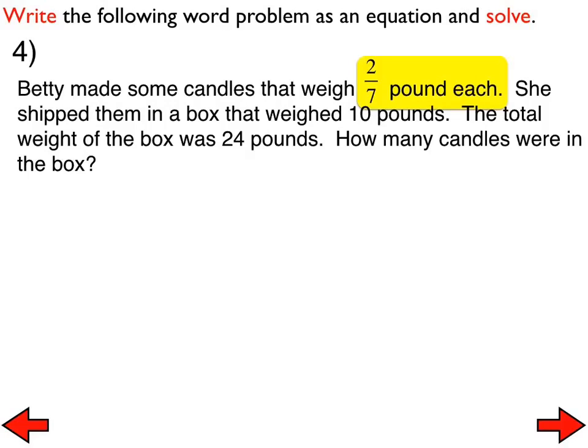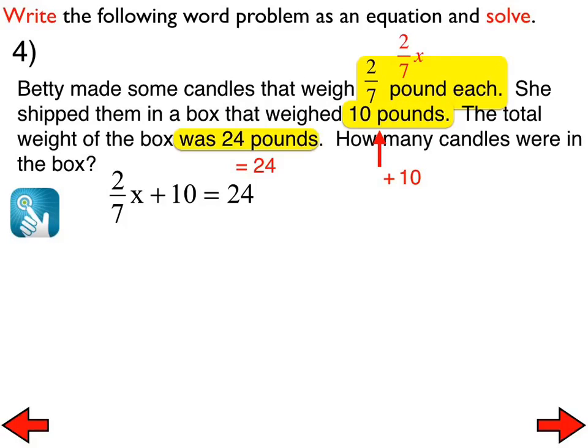2/7x? 2 sevenths x plus 10 equals 24. Very good. And Grace, do you want to go ahead and solve this one for us? I subtracted 10 from both sides.